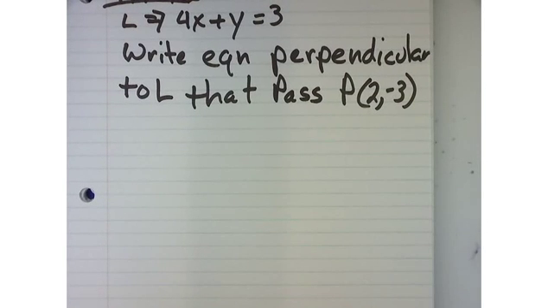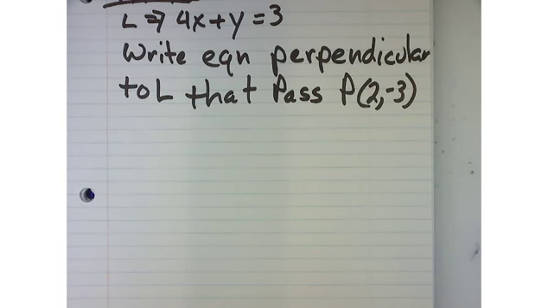Well, what do we know about perpendicular lines? They intersect at a 90-degree angle, but there's something about their equations that we should know. Let's try to be a little more formal though. What's the fancy word that we use for that?